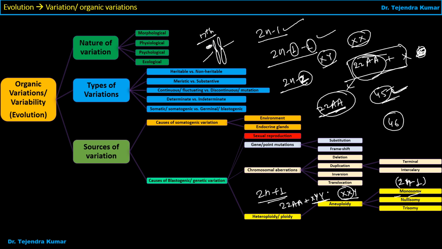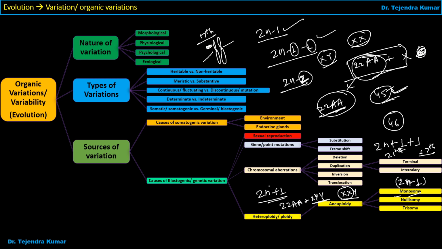And it may be a double type of trisomy. So we can say that 2n plus 1 means one chromosome from the 21st set is increased, one chromosome from the 17th set is increased. So in different pairs, one chromosome is increased. So this is called trisomy.